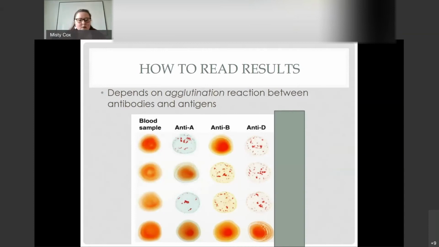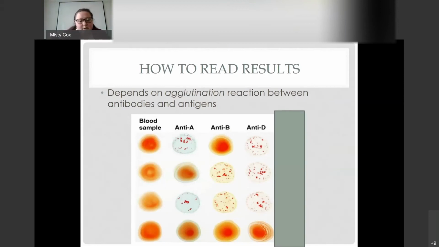So we're looking for a reaction between antibodies and their specific antigen. We're looking basically for this. So when it clumps, that means an antibody has found its specific antigen. So that's why you'll see some circles have clumps and some circles don't. Because if there's clumping, there is a reaction where an antibody has found its antigen.